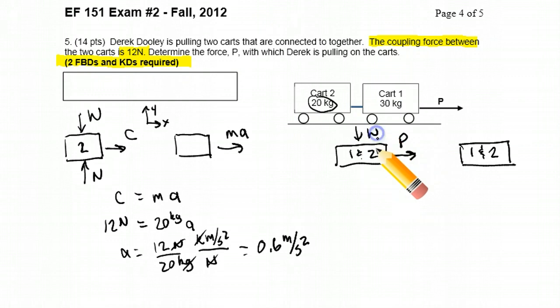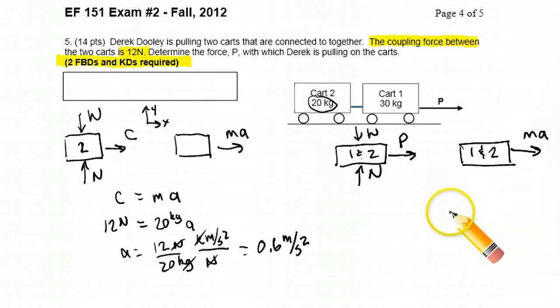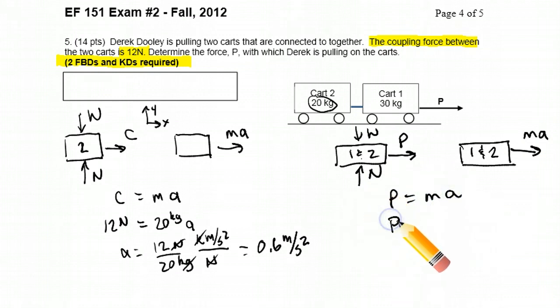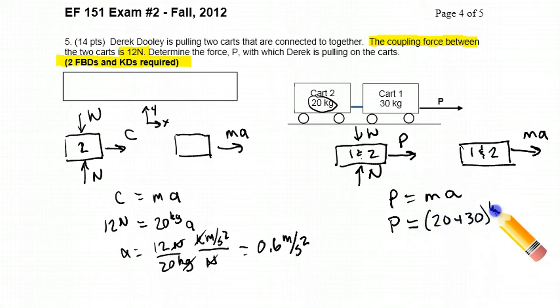P, weight, N, and it's going to have a mass times acceleration. So another very simple equation, P equals MA. P is what we're trying to find. This M is the mass of the whole system, so it's going to be 20 plus 30. And this A is acceleration we found over here, 0.6 meters per second squared.